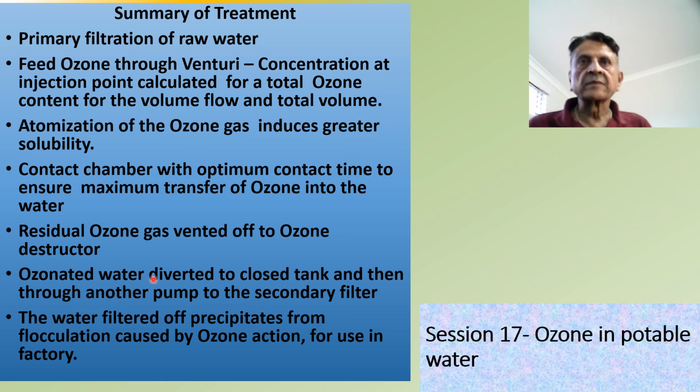The ozonated water can be diverted to a closed tank and used for redistribution after treating with secondary disinfectants such as ammonia and chlorine to allow the water to retain its disinfection until it reaches the pipes, or it is diverted from the closed tank, particularly in a factory, through another pump to a secondary filter.